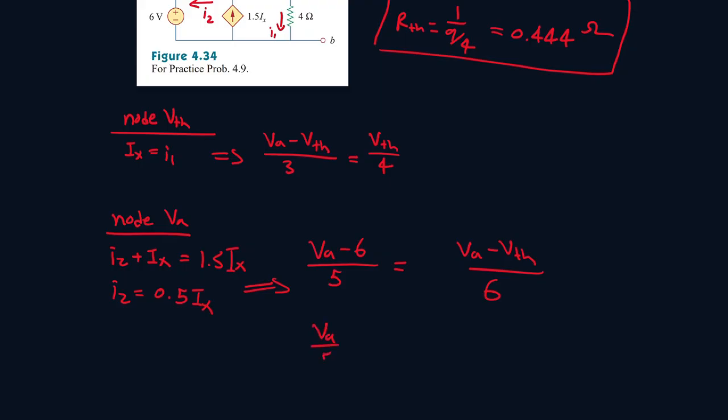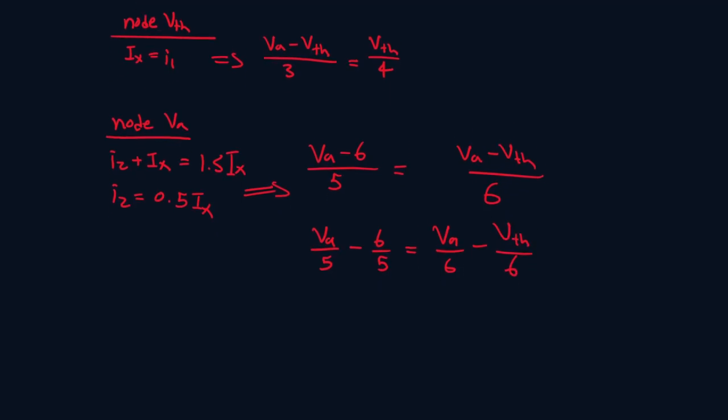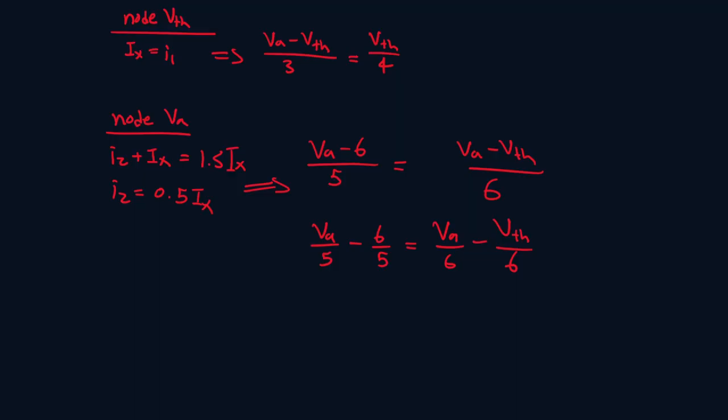So VA over 5 minus 6 over 5 equals VA over 6 minus VTH over 6. So let's bring this to the other side, and let's bring this to the other side. So VA over 5 minus VA over 6 is equal to 6 over 5 minus VTH over 6.